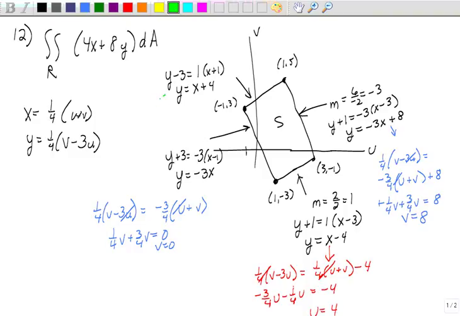Okay, and this one, I have 1/4 u minus 3v equals 1/4 u plus v plus 4. So the u's are going to cancel. So I have minus 3/4 v minus 1/4 v equal 4.